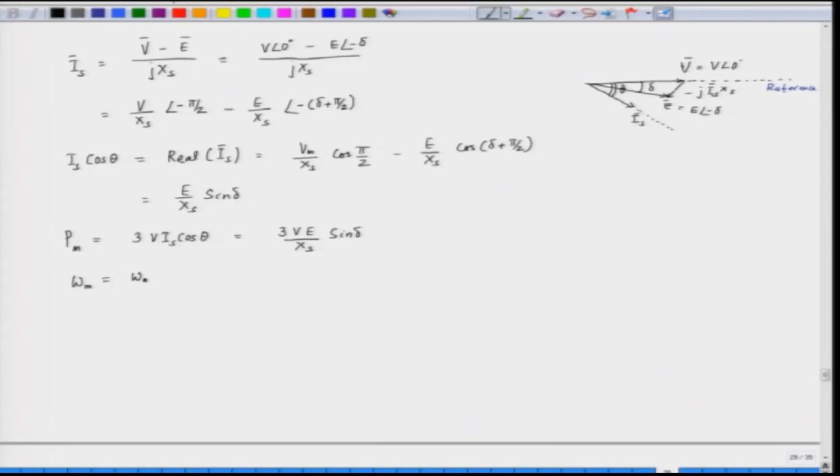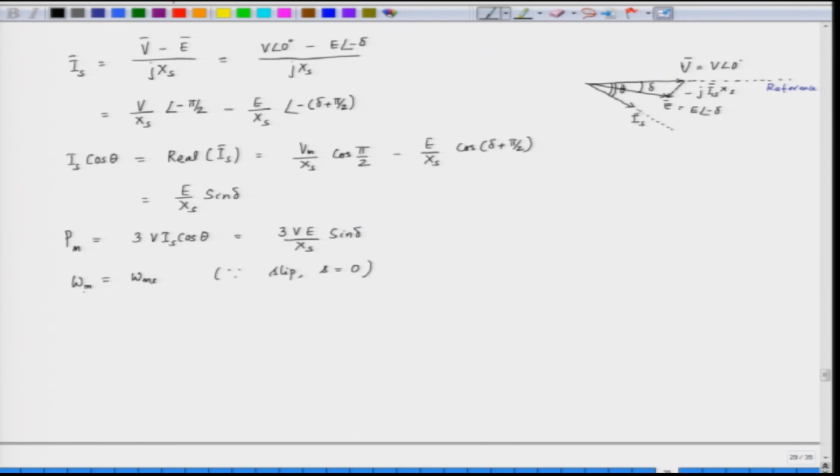Now, when we get the mechanical power, we can find out the torque by dividing the mechanical power by the rotor speed. So, what is the rotor speed? The rotor speed is same as the synchronous speed, there is no slip here. So, we can say that the rotor speed is equal to the synchronous speed omega s, because the slip s is equal to 0 for a synchronous machine.